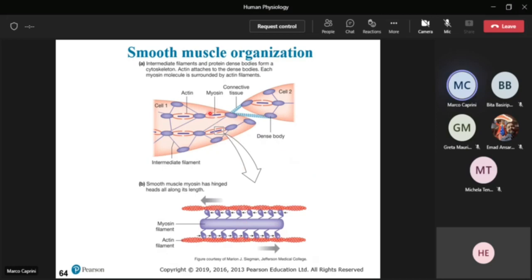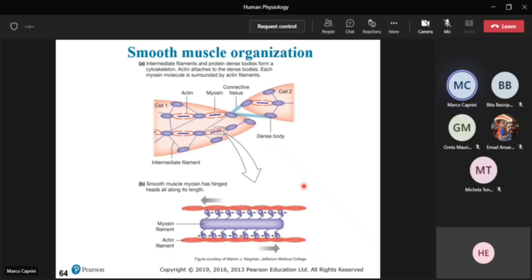There are these portions that are called dense bodies, the pink, the purple square here, dense body. What is a dense body? What do you remember?